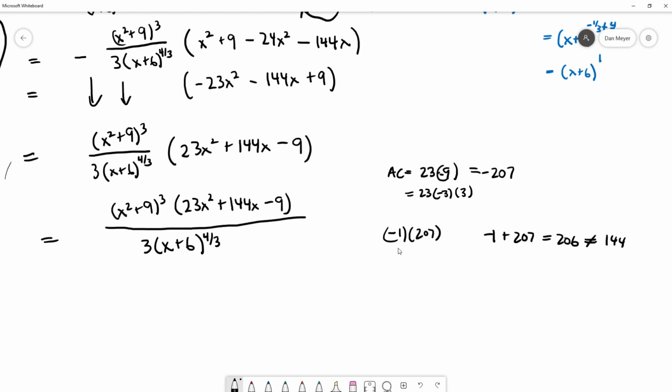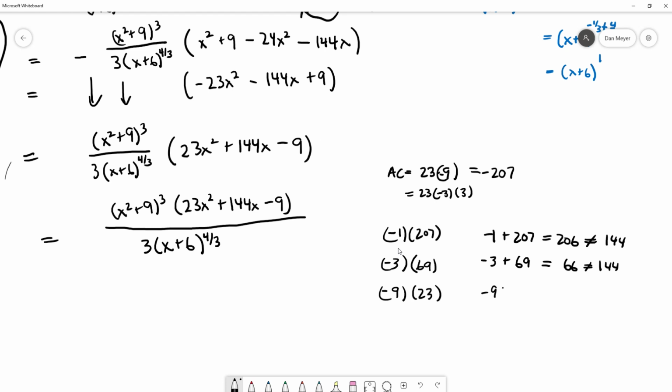I could also factor this into negative 3 times, what's 23 times 3? 23 times 3 is 69. And if I do negative 3 plus 69, I get 66, which is not 144. I could factor this into negative 9 times 23.